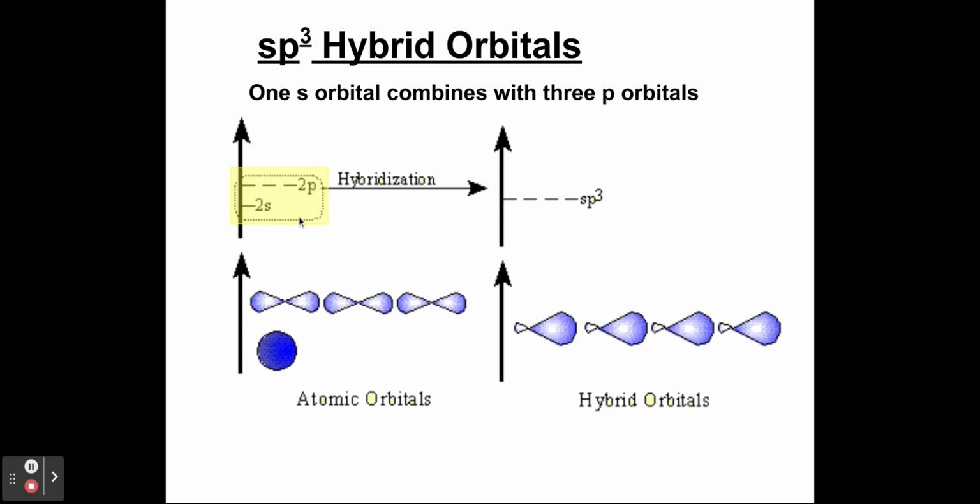So here again, we're taking the s and the 3 p, and this is the picture of them. We hybridize them, and we get these 4 equal energy hybrid orbitals, and that's what we see here. So that's what hybridization does for the orbitals.